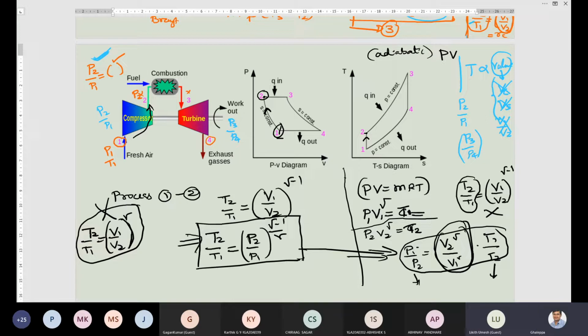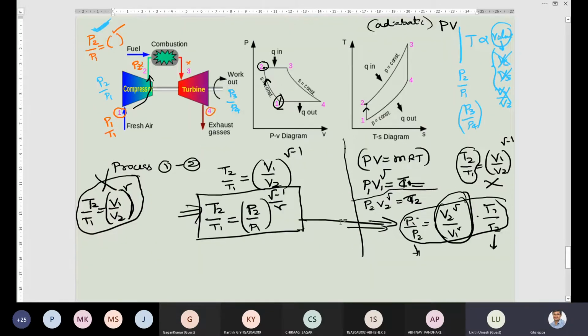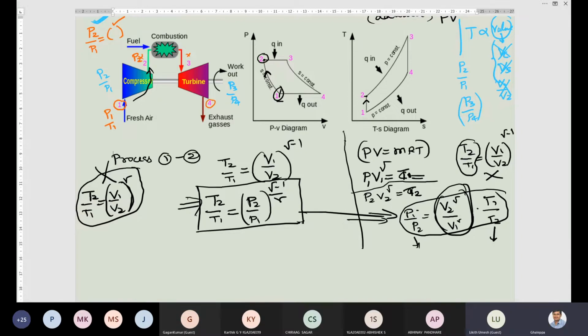This is for the 1 to 2 process. Can I write the same equation for 3 to 4? Will anyone please suggest a similar equation for the expansion process?